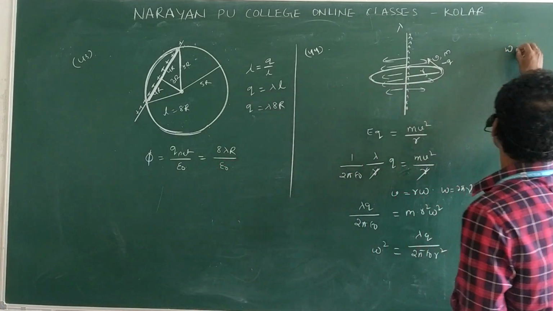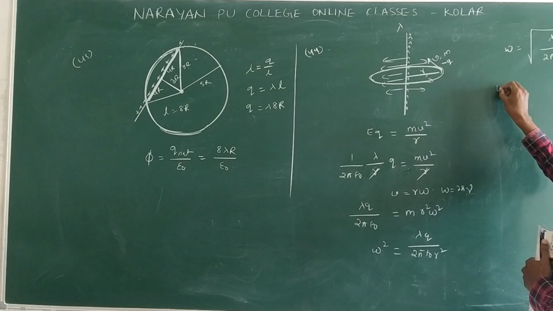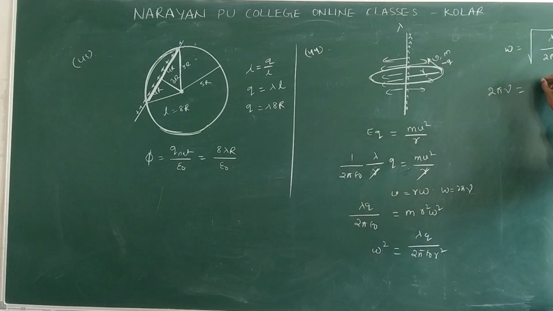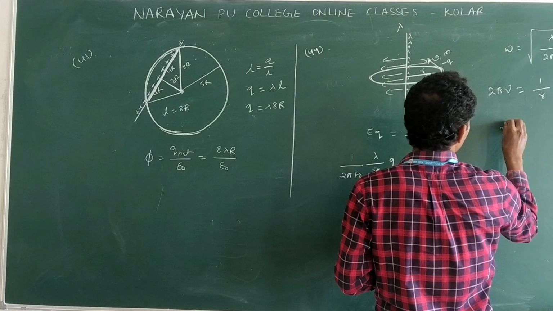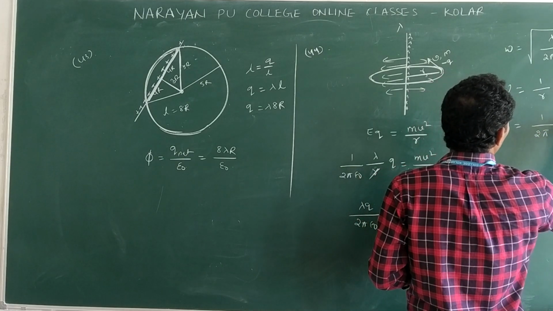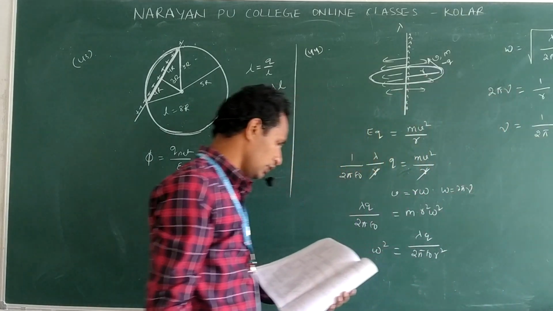Then omega is equal to under root of lambda cube by 2 pi epsilon naught r square. Omega, how do we write? 2 pi mu, r square comes out, 1 by r under root of lambda cube by 2 pi epsilon naught. Make frequency the subject: 1 by 2 pi under root of lambda cube by 2 pi epsilon naught.